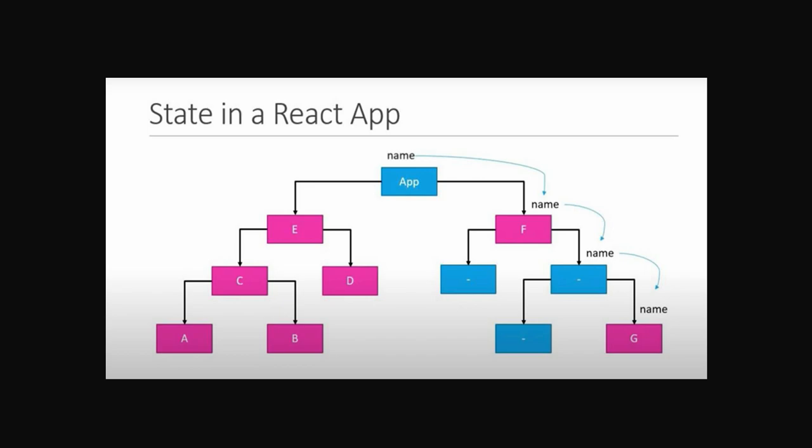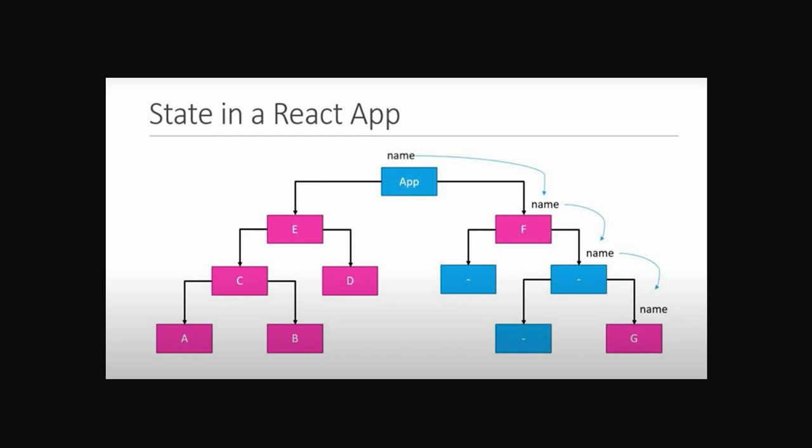With that, if it is required at F or G, you should be able to easily traverse and pass it through the concept called property drilling, which we are going to talk about in our upcoming session. So if you observe, if the name state is required to be maintained at a higher level than the one which is actually updating the name component, you need to typically go and lift the state up.